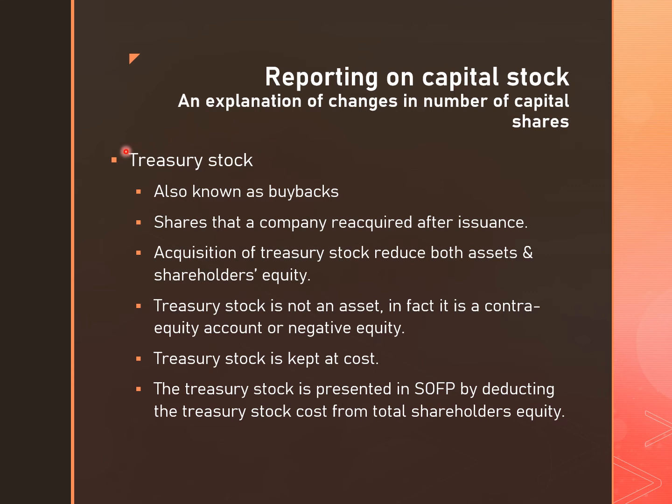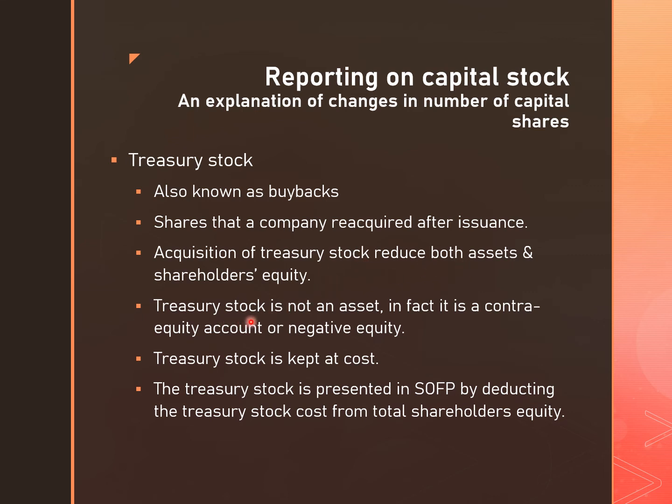Next, we want to look at treasury stock. So treasury stock ni akan mengurangkan you punya capital shares outstanding ataupun mengurangkan you punya shareholders equity. So this treasury stock also known as the buybacks. Apa maksud buyback? Bila company tu dia beli balik share tu selepas dia dah issue. So bila dia beli balik, dia akan reduce the assets and also the shareholders equity.